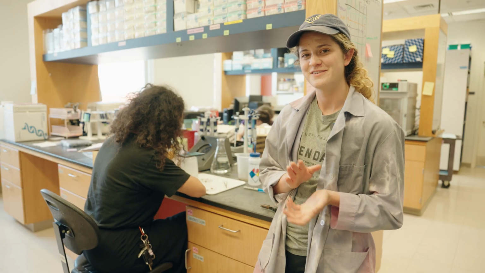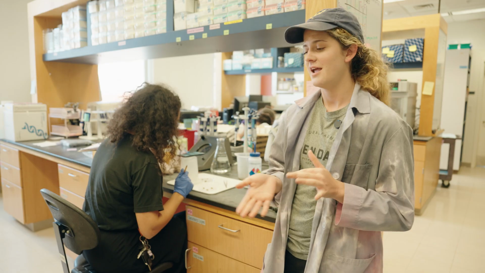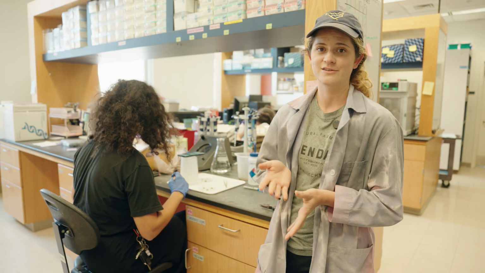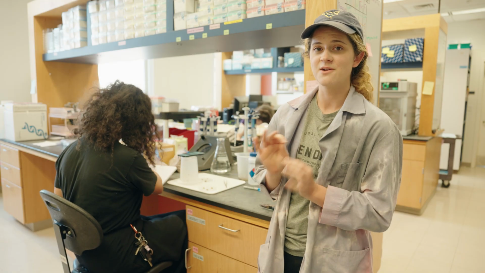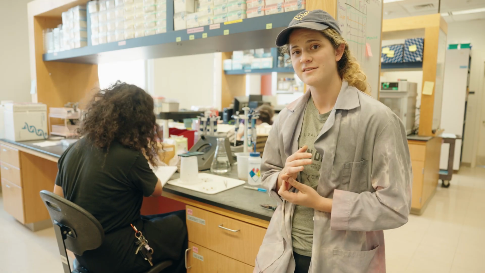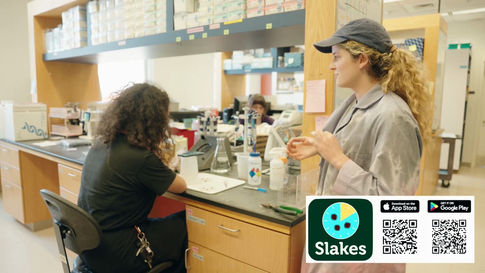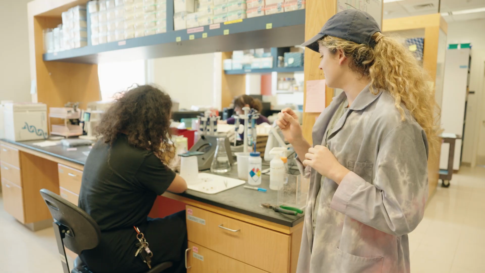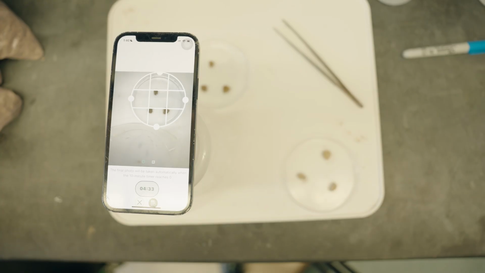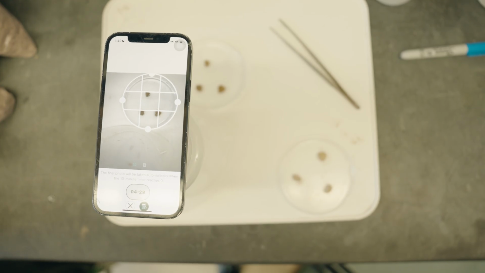Like we talked about in the field, soil aggregation is a really good indicator of overall soil health. And beyond just digging a hole and looking at it, there's actually a way to quantitatively measure it that anyone can do thanks to the Soil Health Institute. They developed an app called Slakes, and basically all you have to do is dig up some soil, air dry it for a couple days, and then dig out these little peds and put them in a little clear dish, and then add water.